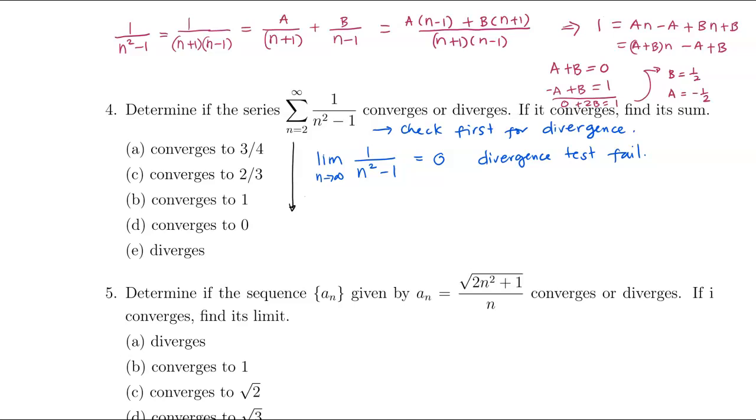Let me just write that down. Summation of, then you plug in your a here. So a is negative 1/2 over n plus 1, plus b, which is 1/2 over n minus 1, with n starting at 2 to infinity.